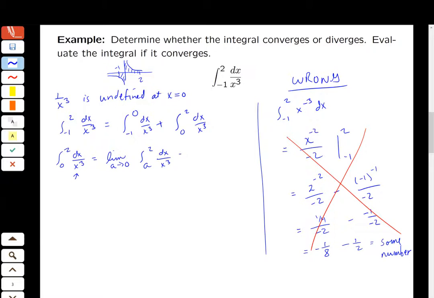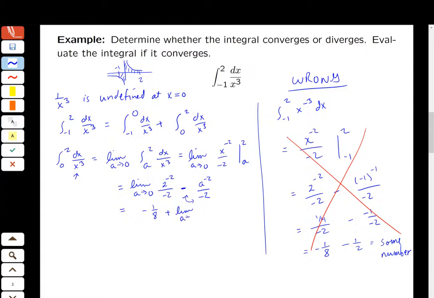And then let's integrate that. We have the limit as a goes to 0 of x to the -2 over -2 from a to 2, which is the limit as a goes to 0. Plug in our 2, we get 2 to the -2 over -2 minus a to the -2 over -2. Let's simplify. The 2 to the -2 is 1/4, so I get 1/8 for the first one. In fact, it's a -1/8. And then the two minus signs cancel and give me a plus.